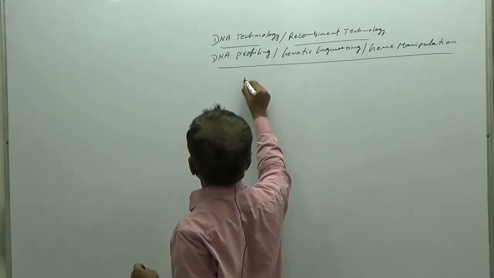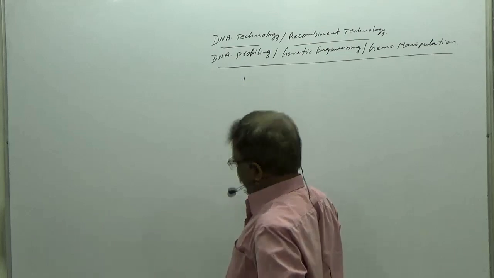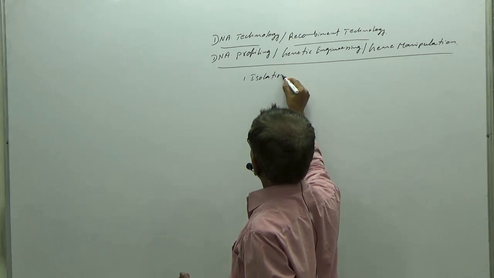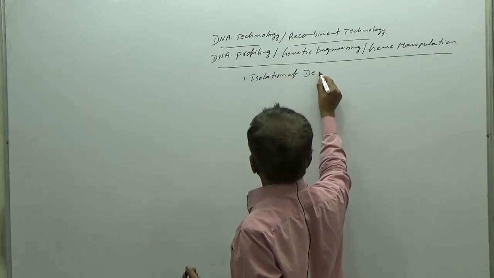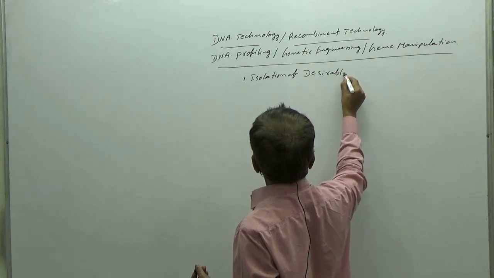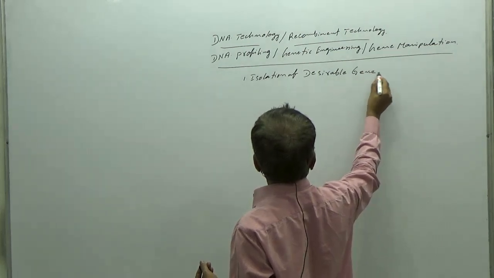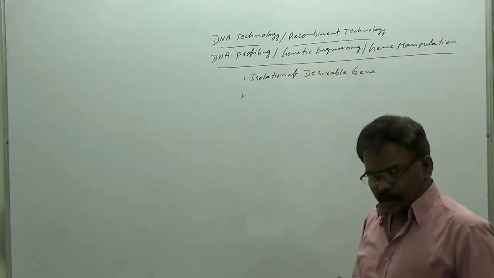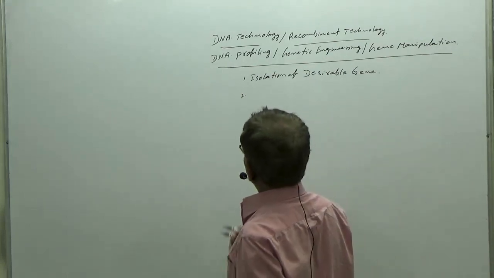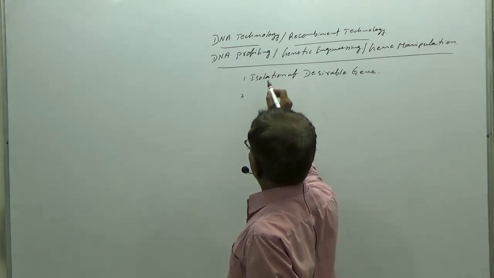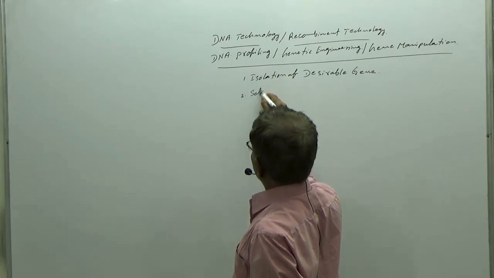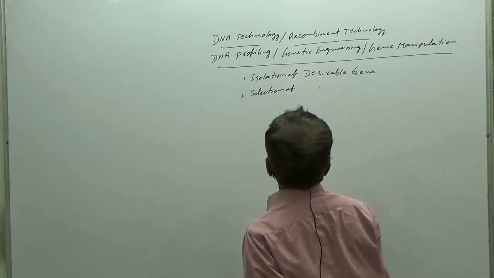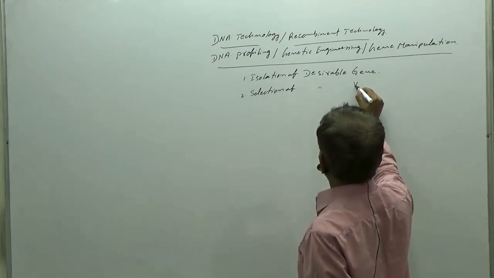First, extraction or isolation of the desirable gene. This is the first step. Then after extracting that, isolation or separation or selection of the desirable vector.